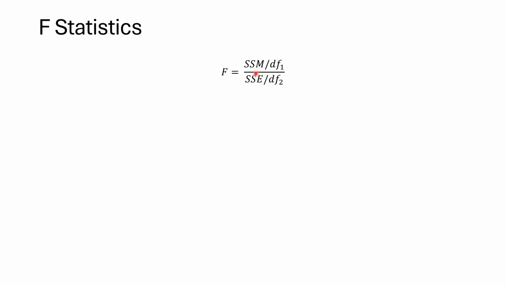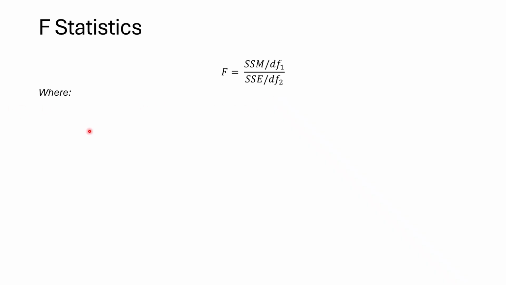For example, in between group variability, we have two groups. So with the concept of degrees of freedom that we covered in chapter 4, the value for degrees of freedom will be 2 minus 1. And for the error sum of squares, we had 6 participants there and 2 groups. So the degrees of freedom will be 6 minus 2, that would be 4. Let's calculate and I will explain it again.